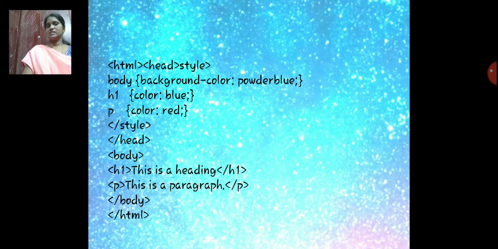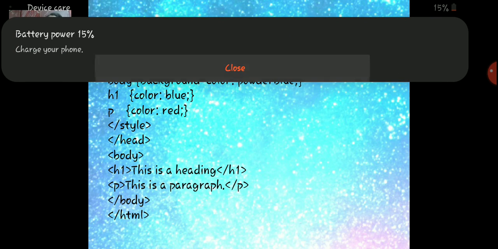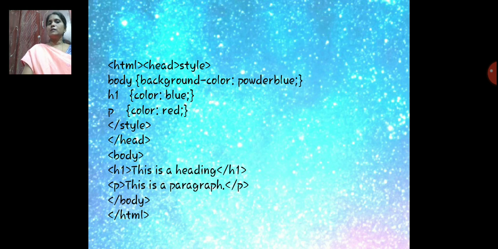See, in HTML, the head is given. In head, style is appearing. In styling, for what all are we giving styling? For body, for H1, for P we are giving. For body, we apply a background color. For H1 and P, we are changing the font color.